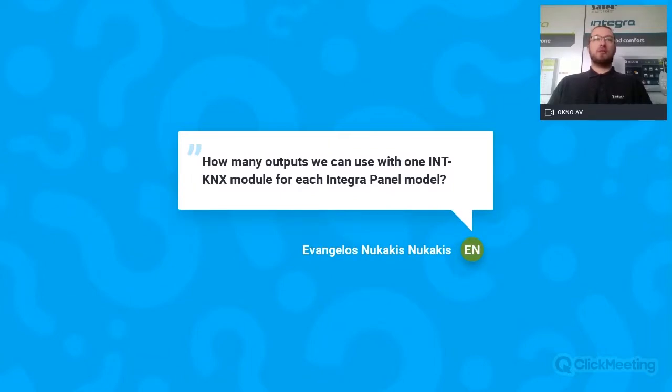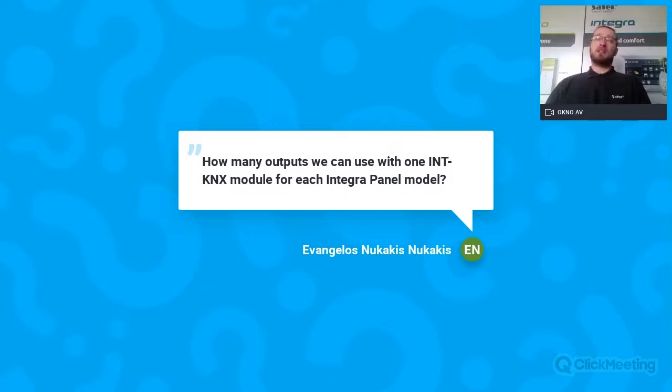Okay, how many outputs can we use with the INT-KNX module for each INTEGRA panel? You need to use some kind of free outputs. INTEGRA 64 has 64 outputs, but 16 outputs are already on board. You can't use them, so you're left with 48. Of course, if you are thinking about INTEGRA 128, you have 16 on board, so you have 112 free outputs.